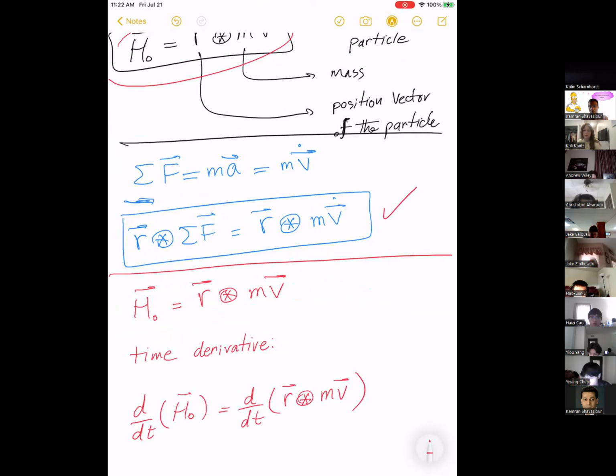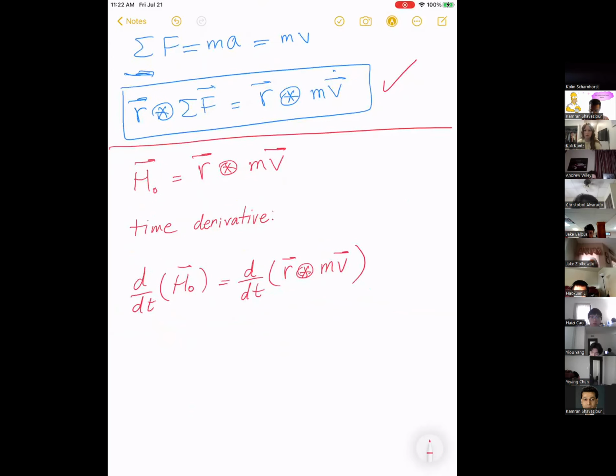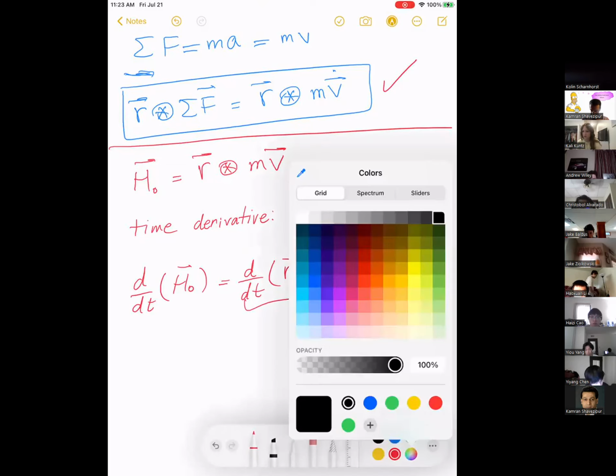Again, you have an expression where the two sides are the same. You can take the time derivative of both sides. Any question about this? How am I going to do this one? Chris, let me know how I can expand this.